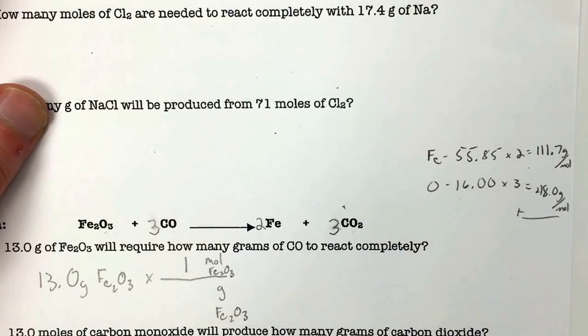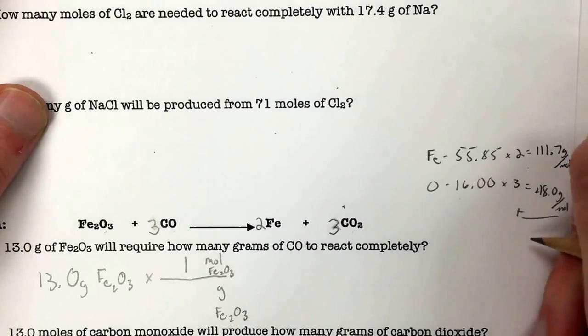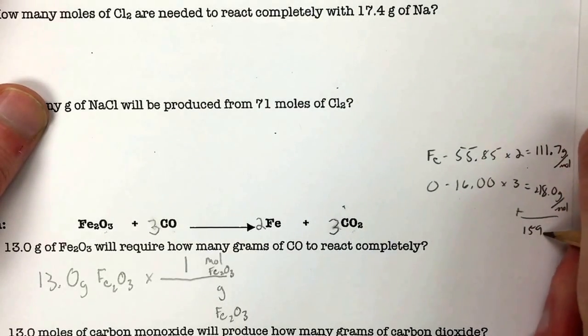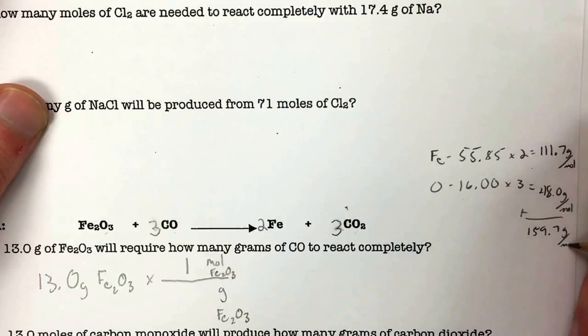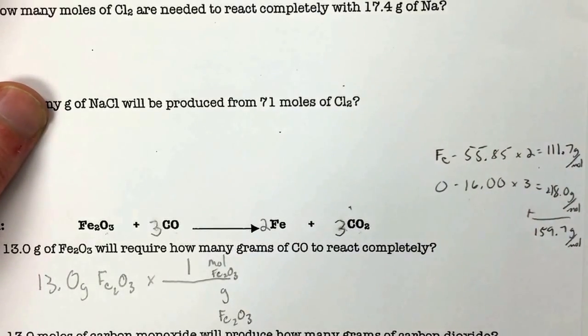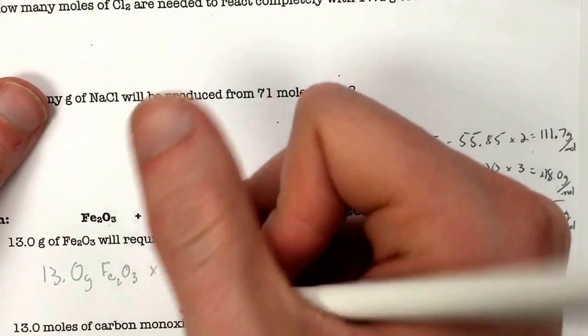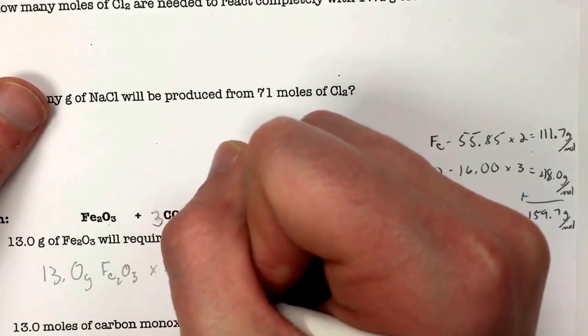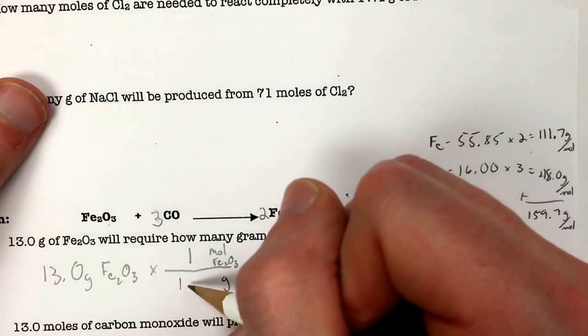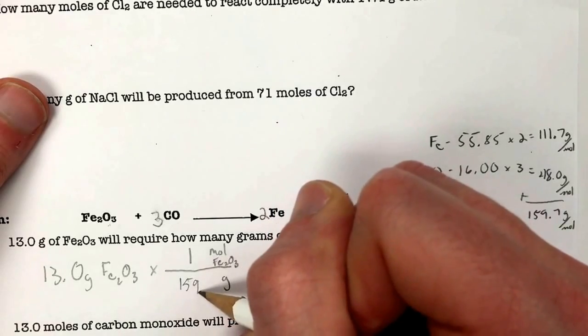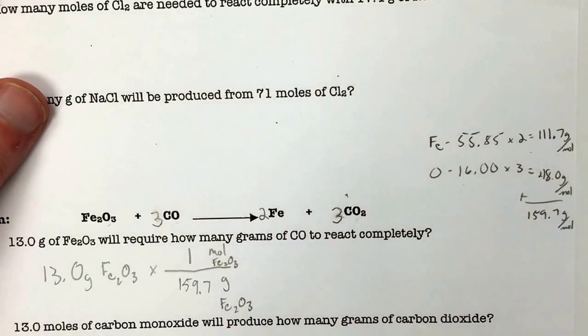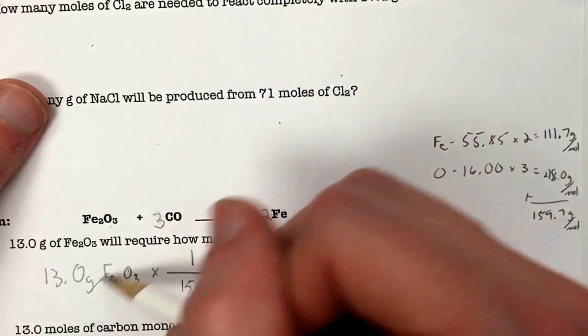So 111.7 plus 48, and what I get is 159.7. And this is, of course, grams per 1 mole. Okay, so then I've got to punch this back in over here. So it's 159.7 grams.